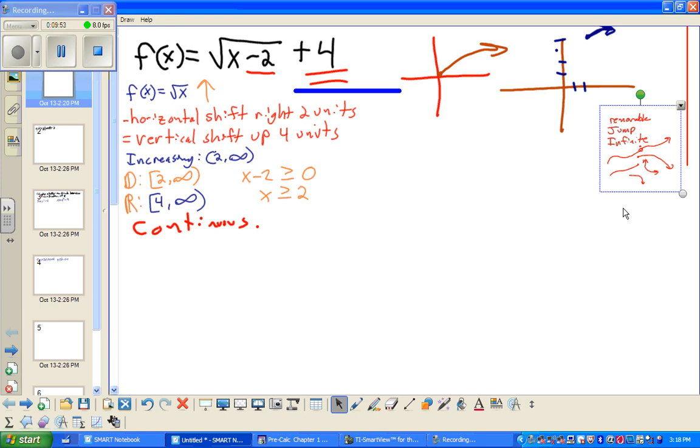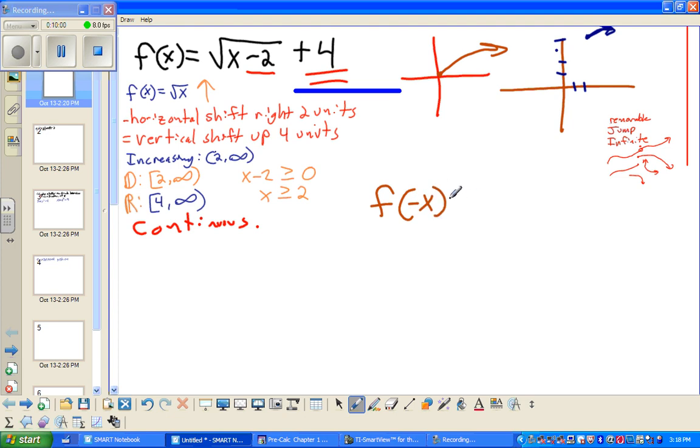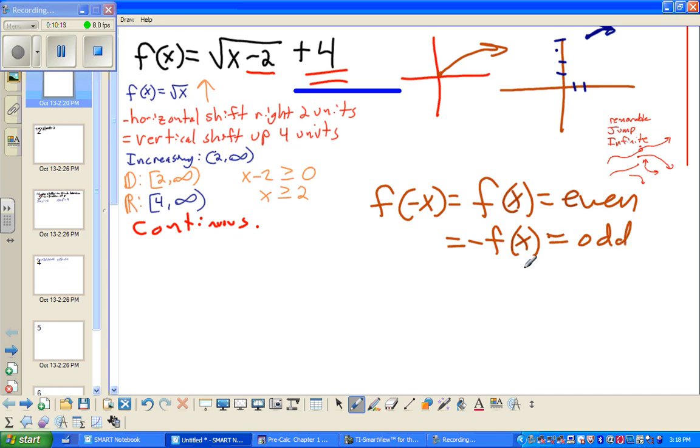Algebraically, you could figure that out by plugging in a negative x for every x in the function. And in so doing, if it equaled the function itself, or the function that you started with, it would be even. If it equaled the opposite of the function that you started with, it would be odd. So basically, when I plug in that negative x, if I got the square root of x minus 2 plus 4 back out, it would be even.